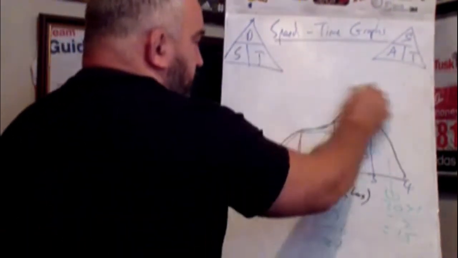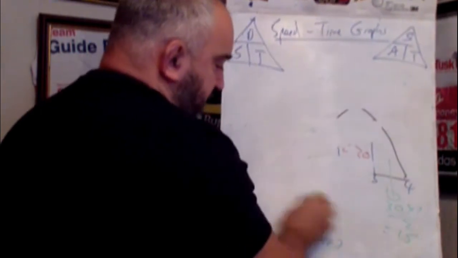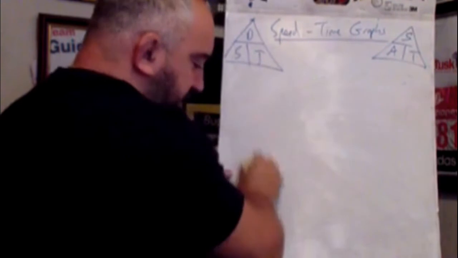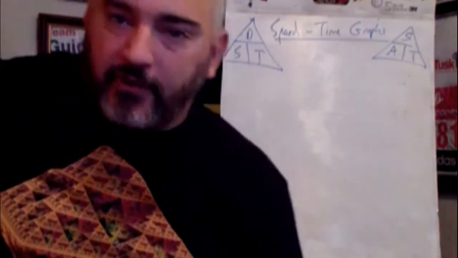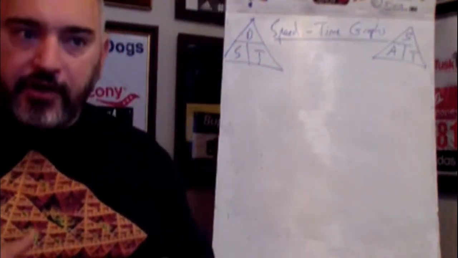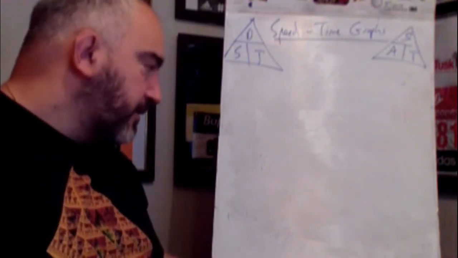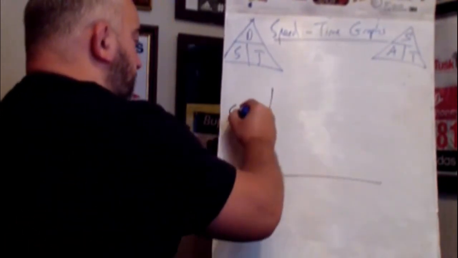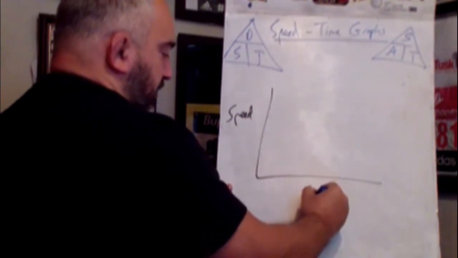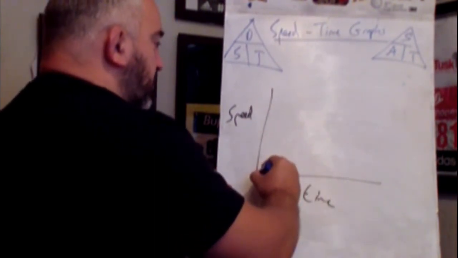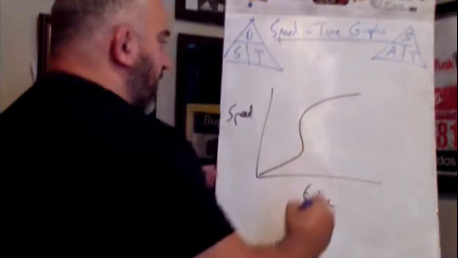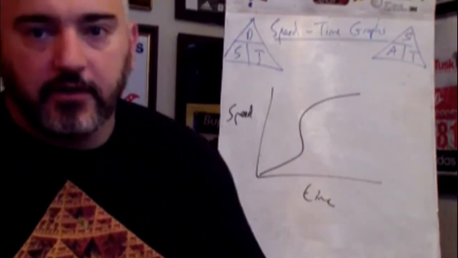So the last thing to do with these graphs is to find the acceleration. Now acceleration is a rate of change, is how quickly things are speeding up or slowing down. So if I've got a speed time graph again, we're usually asked to estimate the acceleration at a certain point.